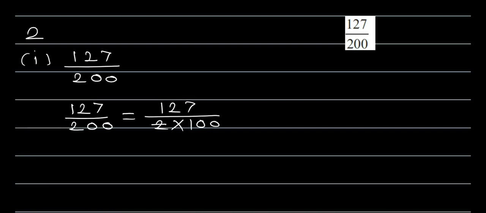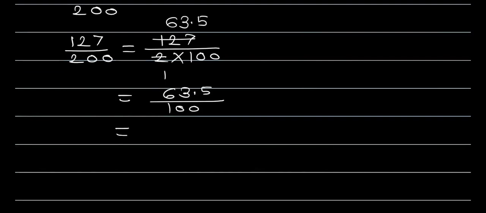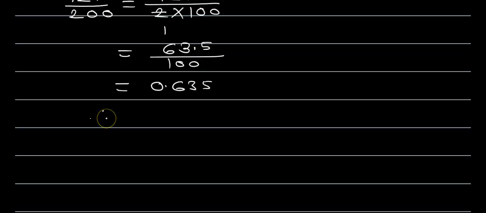Dividing 127 by 2 gives 63.5, and dividing by 100, we move 2 digits to the left, that is 0.635. Therefore 127 upon 200 is equal to 0.635.